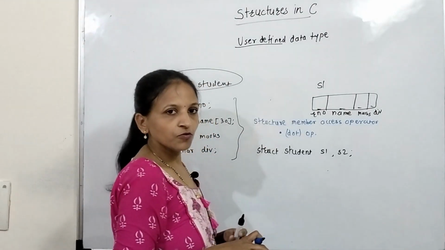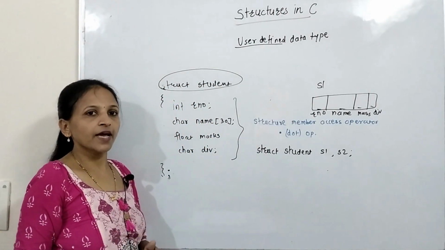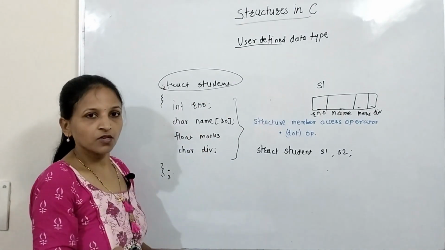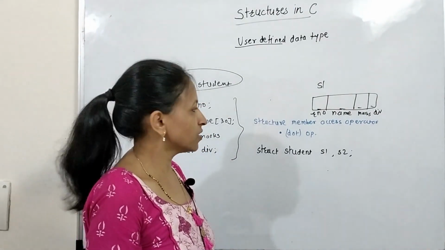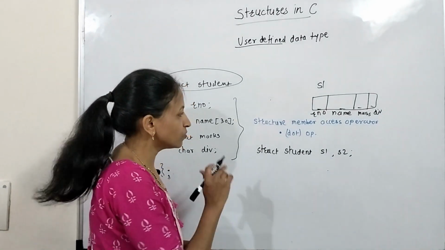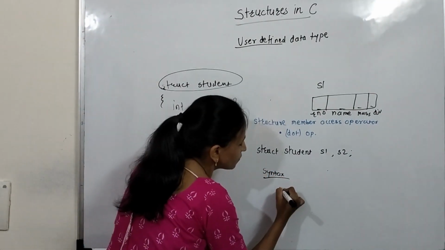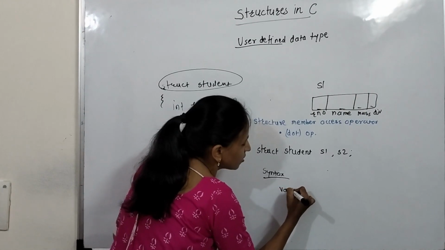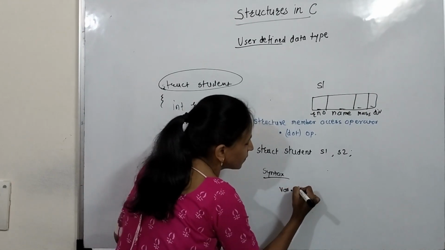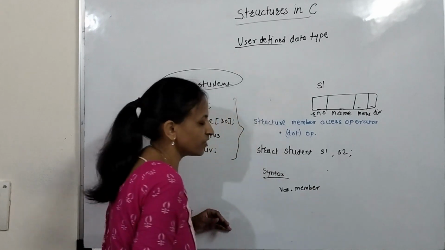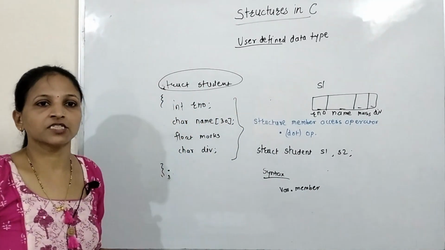Using this dot operator we can access individual members of that structure with the variable name. The syntax is like this: you have to use the variable name, any variable, dot, member. In this way we can access an individual member of that structure.